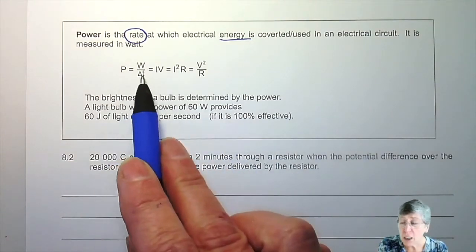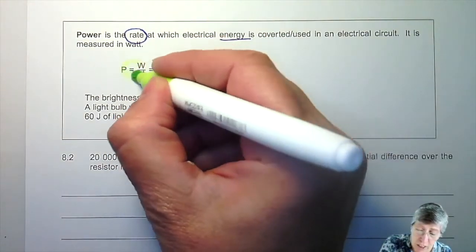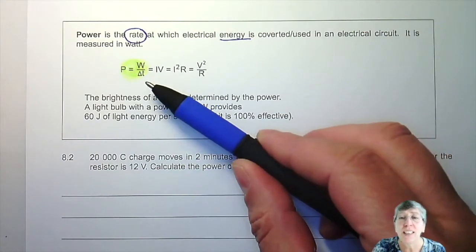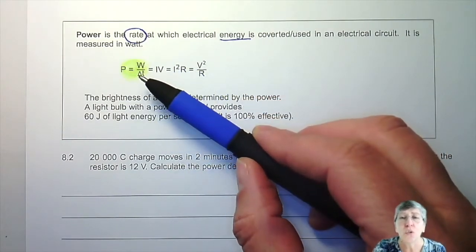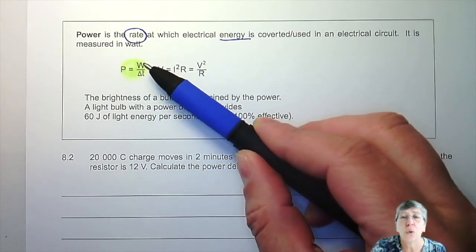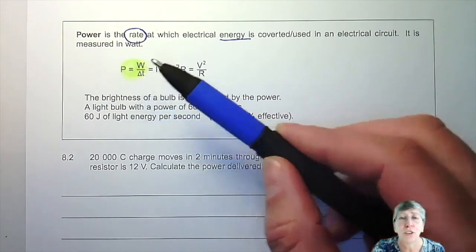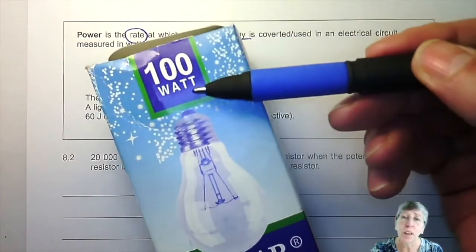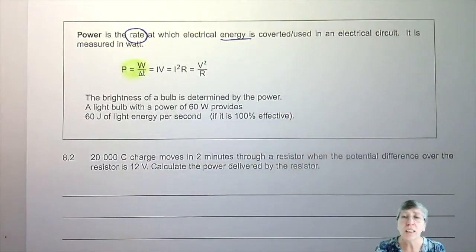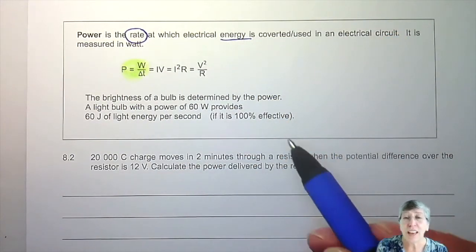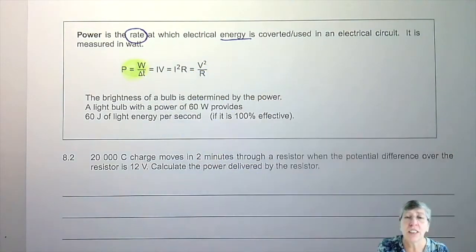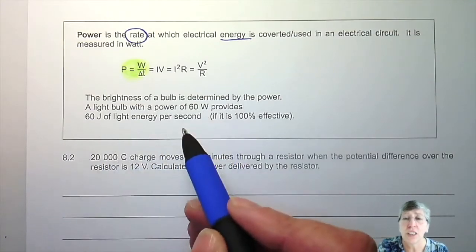Now, if we look at that one, then that first equation is the one that is going to give you that definition, right? Is the rate. Now, whenever you divide by time, that is rate. So it's the rate at which electricity or electrical energy is converted to others. So if you had an old-fashioned 100-watt bulb, that meant 100 watt, or you also got that in 60 watt. 60 watt would have meant 60 joules in every second, right? 60 watts, 60 joules in every second.